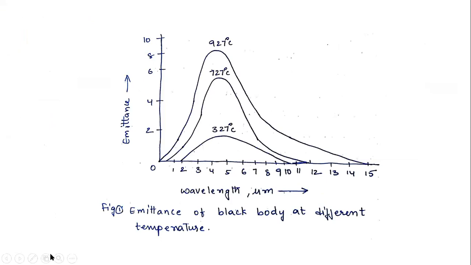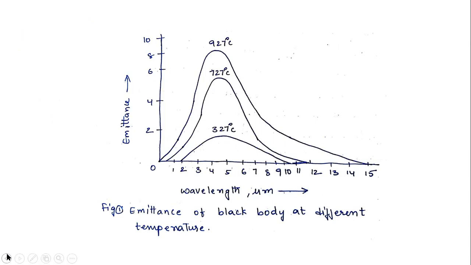So for this explanation, we are taking some examples which are shown in this slide. In the figure, this is the figure of emittance of a black body at different temperatures. What is the emittance? On the x-axis we are taking the wavelengths in micrometers, and on the y-axis we are taking emittance.